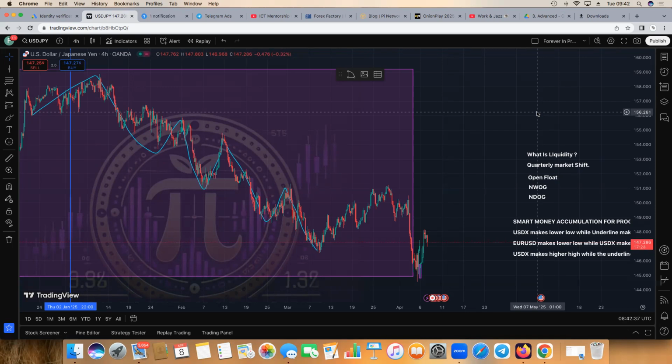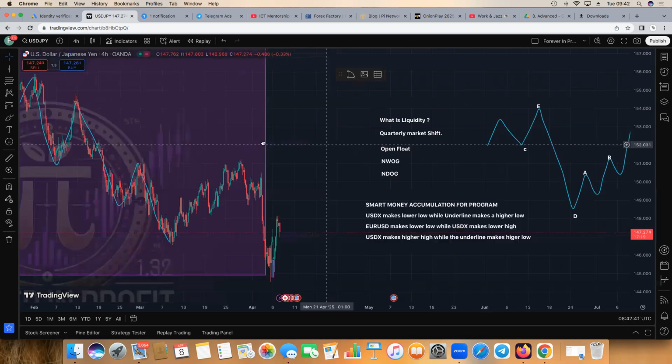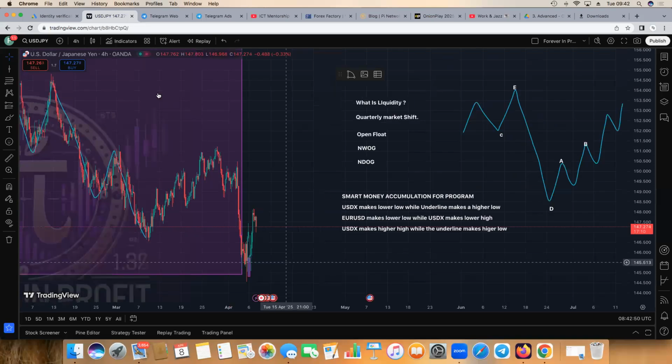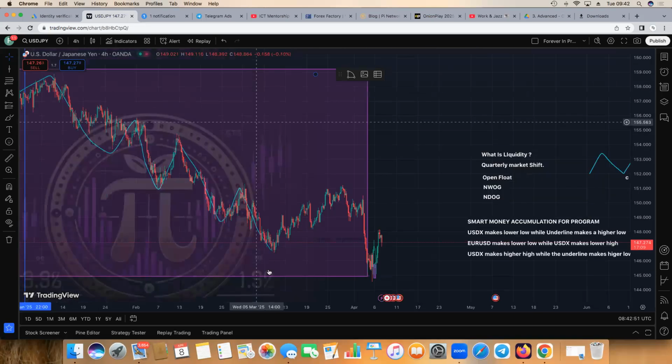So back on point, when we're looking backward, trading using the quarterly shift, there are two things that you want to focus on. You see that we have a nice data provided, and this is the data that we would use to cast forward. Now, while casting forward, we look backward.